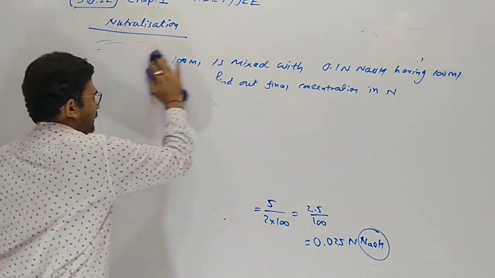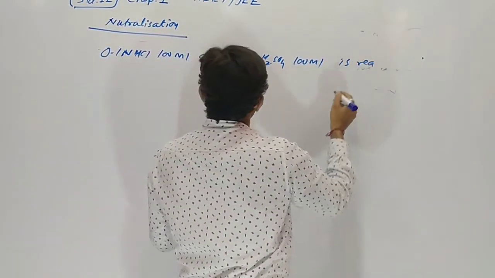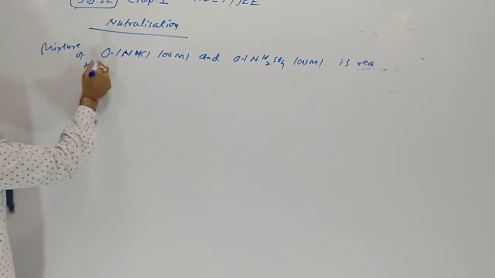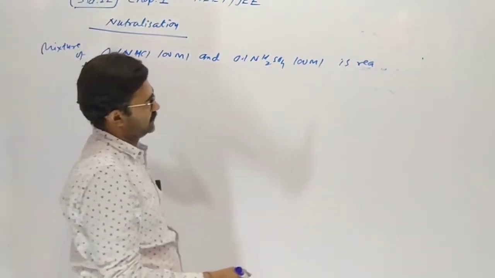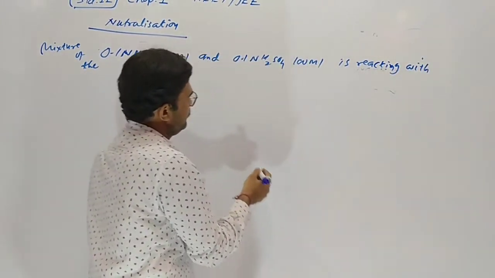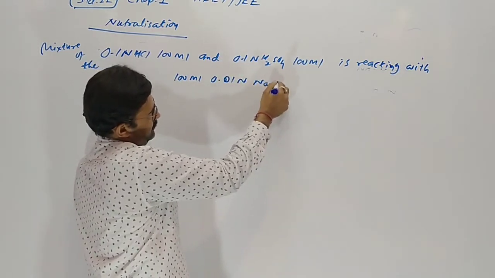If two acids and one base are mixing: 0.1 normal HCl, 100 ml, and 0.1 normal sulfuric acid, 100 ml, are mixed and reacting with 100 ml of 0.01 normal NaOH.